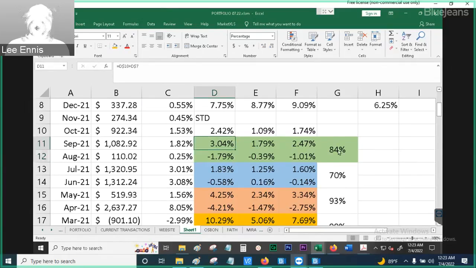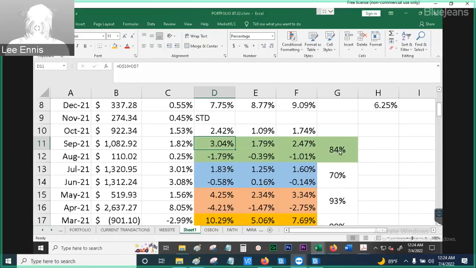It's actually 84% accuracy, but conservatively, with the empirical rule, we say 70. Just a 70% chance that you're going to hit these numbers next month and every month thereafter. 84% chance it's going to be anywhere between negative 1.7 and positive 3. It can be any number in between, but it's going to be between those numbers.